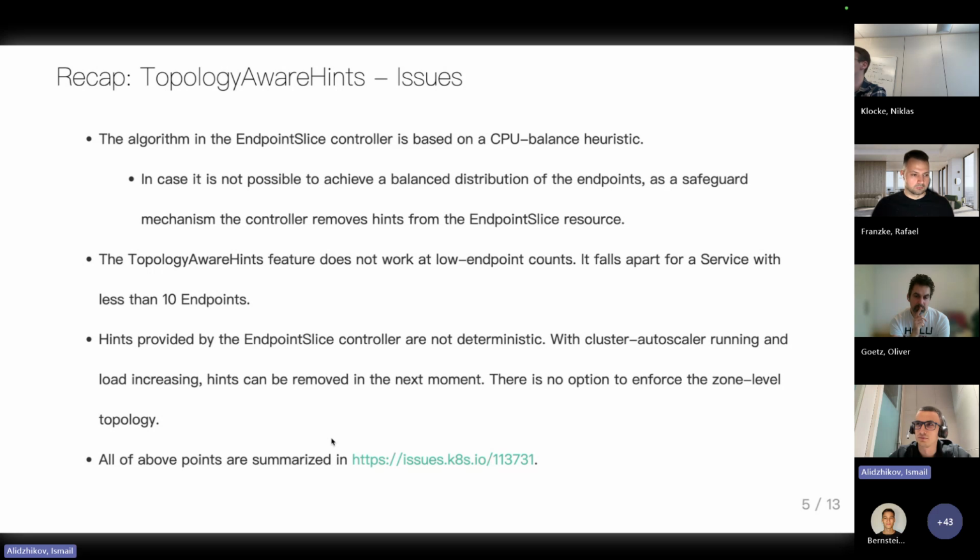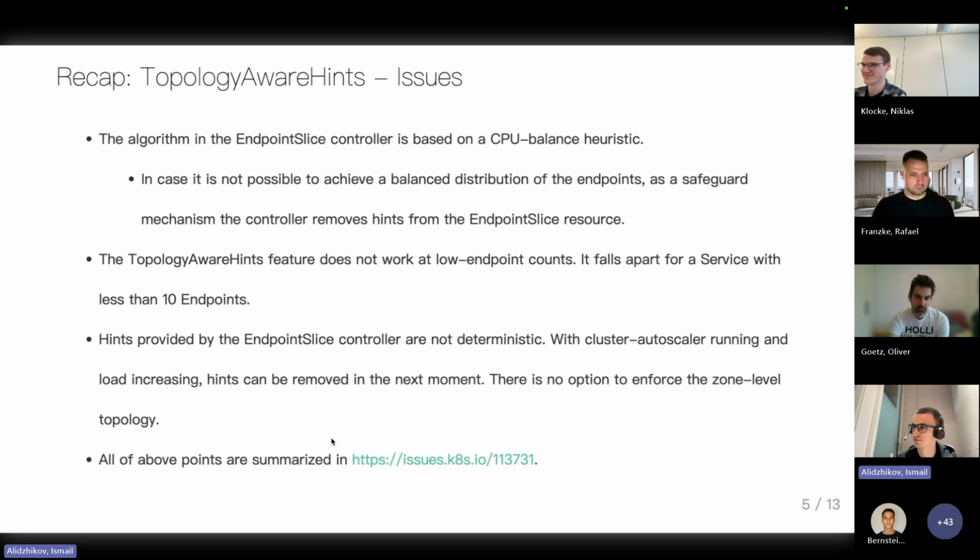The kube controller manager is counting the available CPU cores within a zone, and it makes the service topology aware only when it can proportionally distribute the available endpoints of a service according to the CPU which is available within the zones.